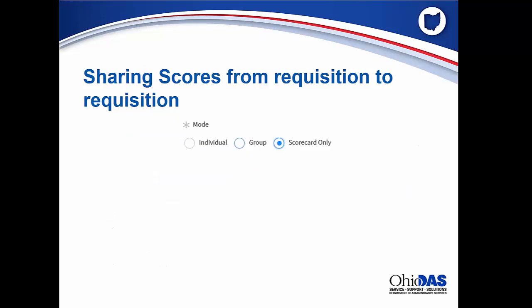But what's different, instead of selecting individual or group, we select scorecard only and hit the blue Submit button. No need to fill out schedule dates and times, capacity, session durations, and so on. Here's why we're using scorecard only. If we ever want to import information to a candidate's record on a rec, they first have to have a rec exam established, which establishes what CPSA refers to as a scorecard.